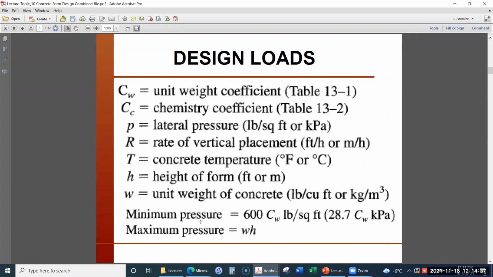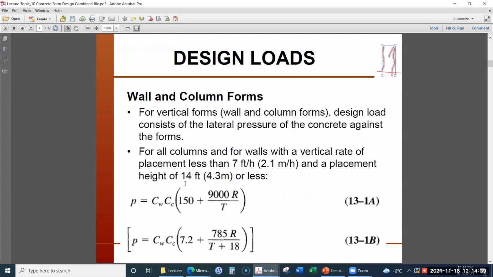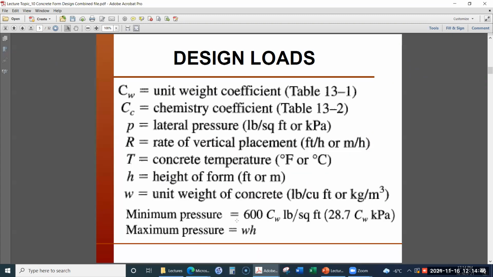When we calculate this pressure value from this equation, it should not be less than 600 CW, or 28.7 CW kilopascal, and the maximum pressure cannot be more than WH, that is the weight of the concrete itself. So the actual pressure will be somewhere between these two limits.